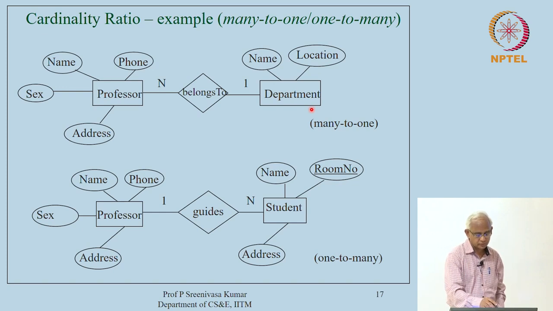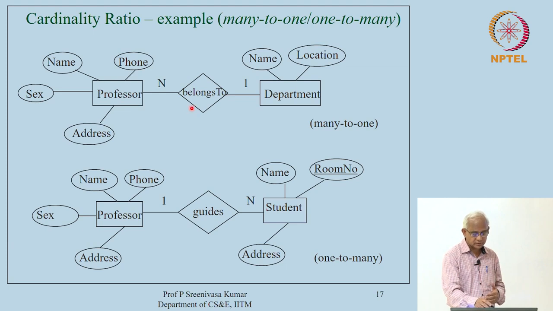In this situation it is also natural to assume that there cannot be a freestanding professor without belonging to any department. So, every professor must belong to one department. That is a minimum participation.